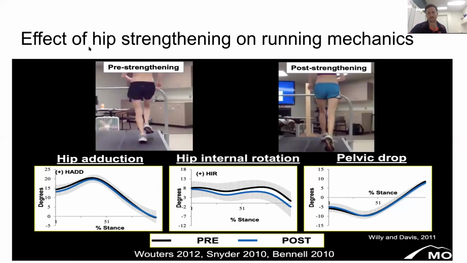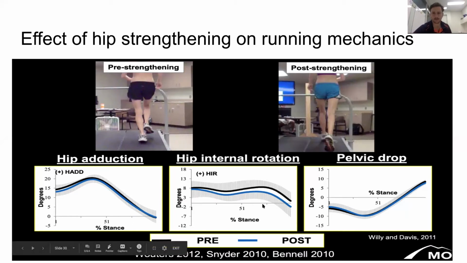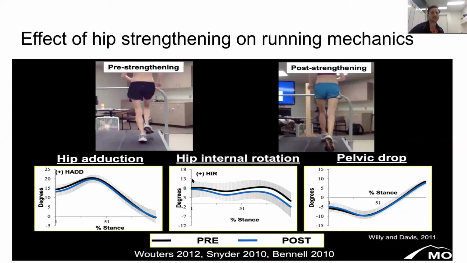I also found this interesting, the effect of hip strengthening on running mechanics. After a 6-week program of hip strengthening, this PhD showed that 6 weeks of hip strengthening did pretty much nothing to someone's biomechanics while they're running. It was interesting.